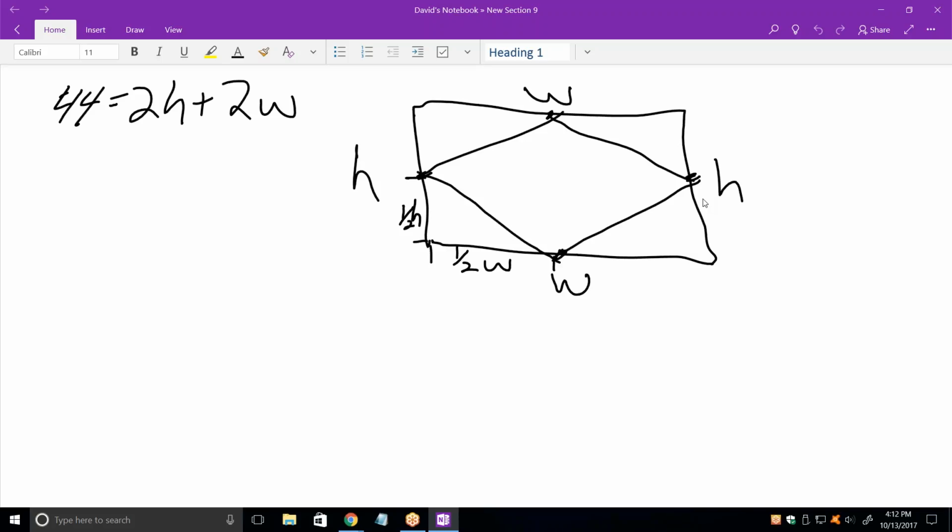Now, the area of the entire rectangle is HW, and the area of the rhombus is going to be the area of the entire rectangle minus the four corners, well, minus the four triangles.